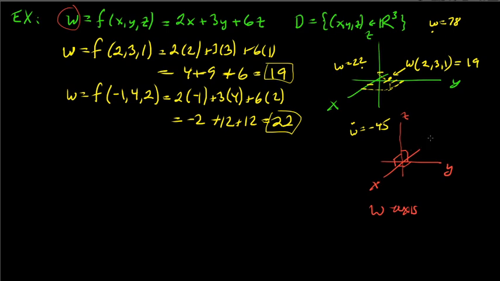We only live in 3 dimensions. If we lived in 4 dimensions, we could graph this function. But we only live in 3 spatial dimensions. We can go left or right, in and out, and up and down. We don't have a description for a 4th dimension. That's why we cannot graph functions of 3 variables.